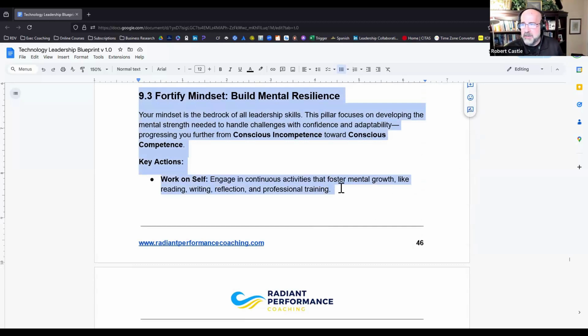The third stage, fortifying your mindset and building mental resistance. Your mindset is the bedrock of all leadership skills, and this pillar focuses on developing the mental strength that you'll need to handle challenges with confidence and adaptability, progressing you further from conscious incompetence towards conscious competence. So you first work on yourself.